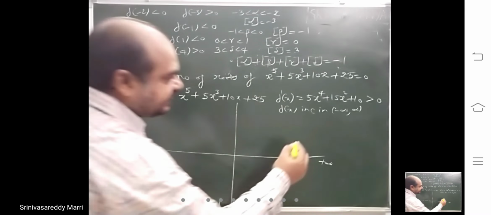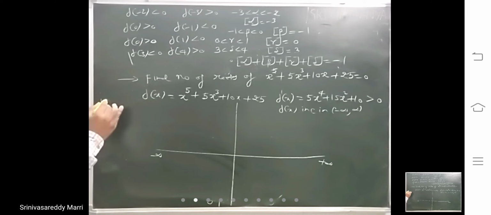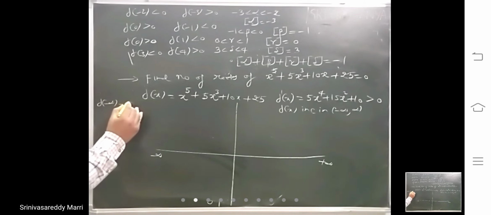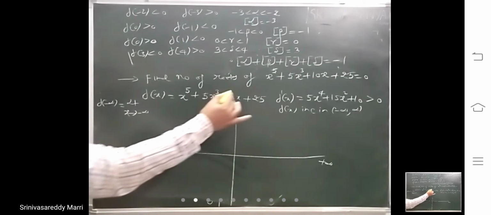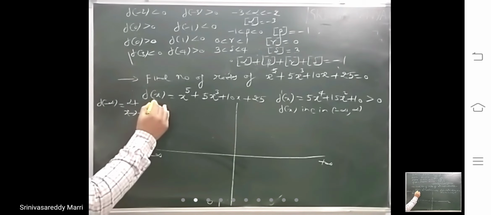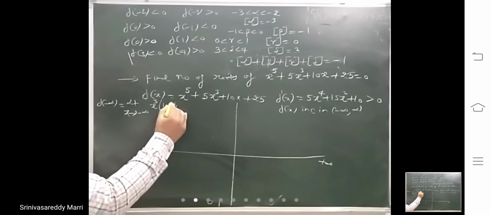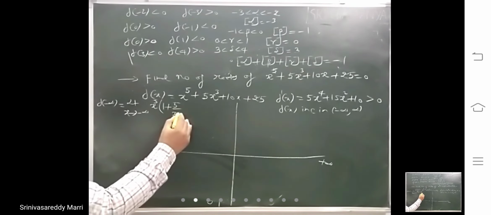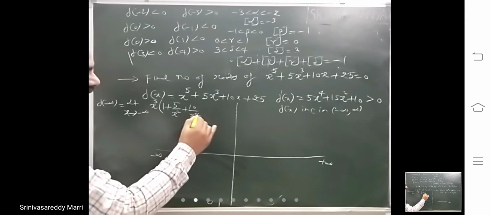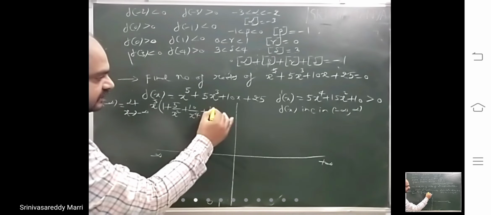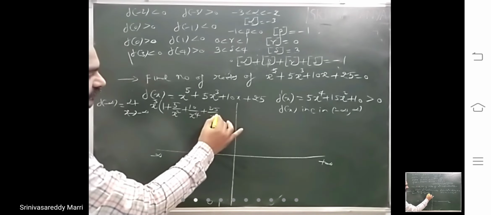Now I am calculating f of minus infinity. Limit x tends to minus infinity. Take x power 5 common: 5 by x square plus 10 by x power 4 plus 25 divided by x power 5.